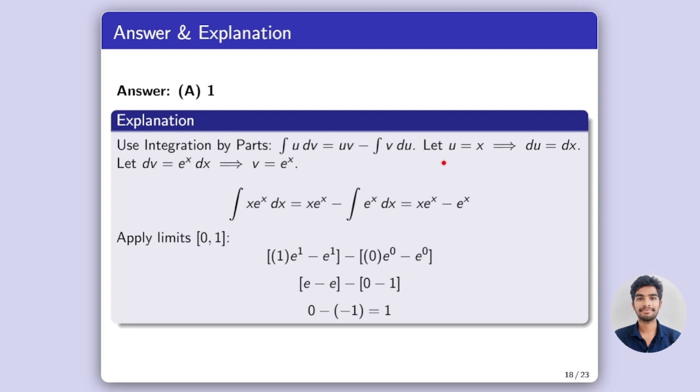Let u be x, so du equals dx, and dv is equal to e power x dx. After applying the by parts, substitute the values of u, du, dv, and v in these forms. Then after applying the limits, we got the answer is 1.